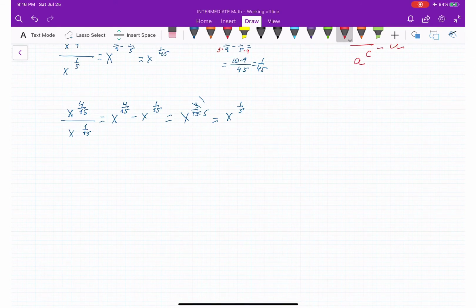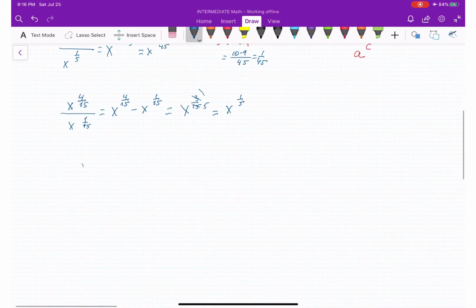Next, a to power 3/5 times a to power 6 over 5.